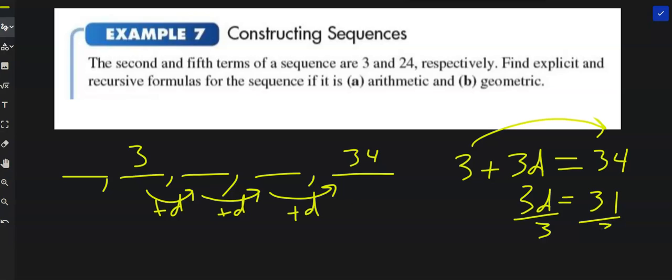Divide by 3. Oh, that's 24. Gee whiz, I'm losing my mind. Okay, that makes a lot more sense, because if that's 24, that makes that 21, and we divide by 3, we get a common difference of 7. Whew, that's a whole lot better.